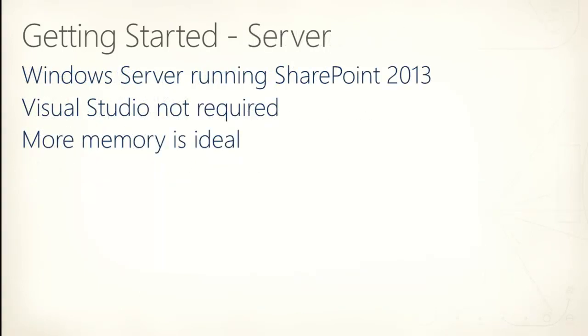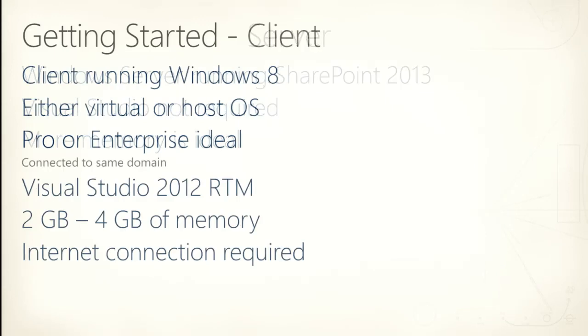On the server, well, obviously you need to be running SharePoint 2013. You don't need Visual Studio installed, so we're not going to do a single thing on the SharePoint server today, development-wise, so we'll never actually even connect to it directly. And of course, more memory is ideal, but for those of you already using it, you probably already know this, and SharePoint loves to consume memory. So on the client, you're going to be running Windows 8, and you can either do a virtual or host OS.